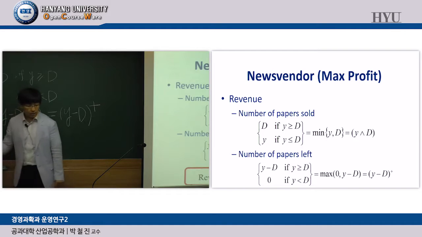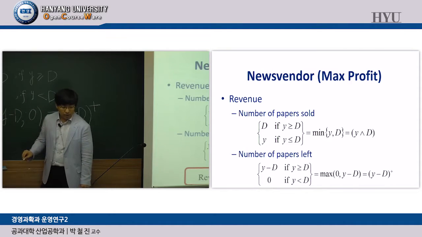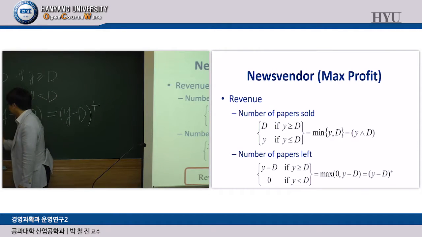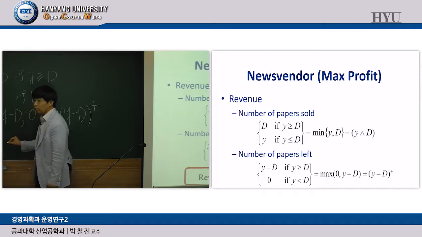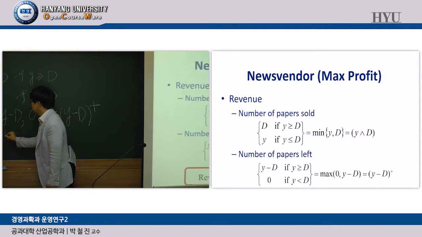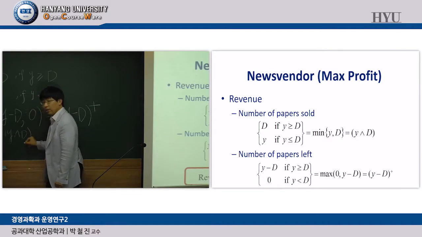It is the selling price C sub P times the number of newspapers we sold, so the minimum of Y and D, right?